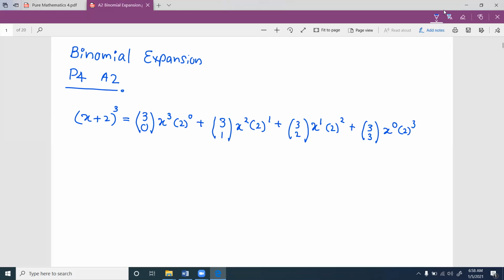This was the binomial expansion we have already learned in our AS level work.